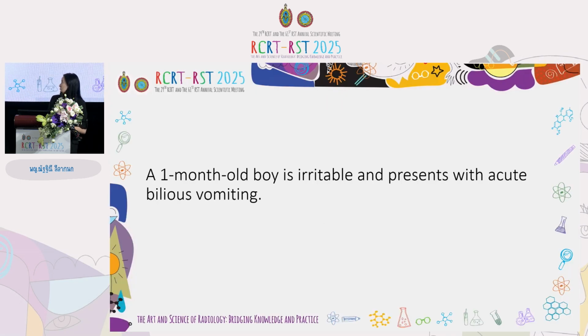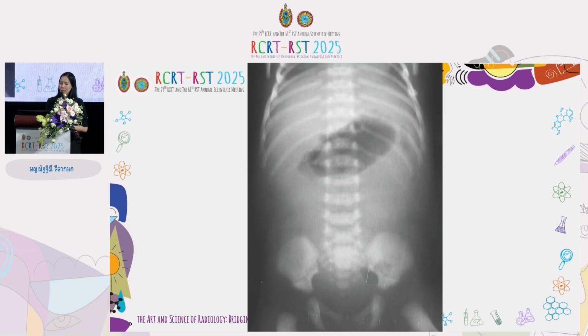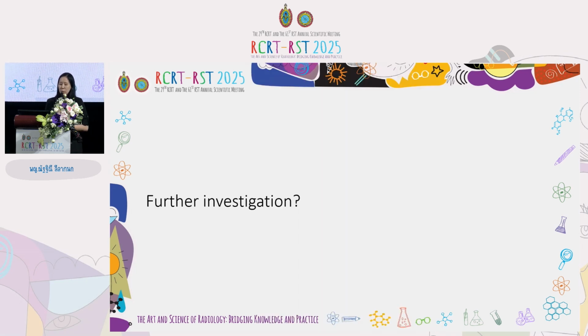The first case is a 1-month-old boy who is irritable and presents with acute bilious vomiting. His plain abdominal radiograph reveals an air-filled gastric bubble without evidence of distal bowel gas. Which further investigation do you need?